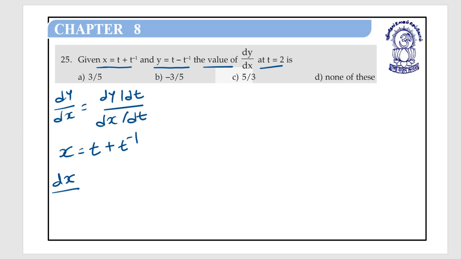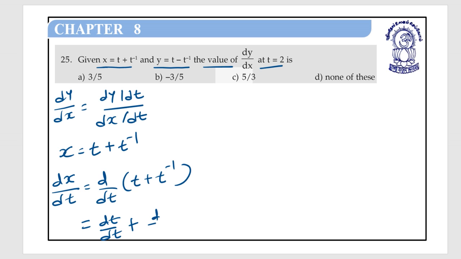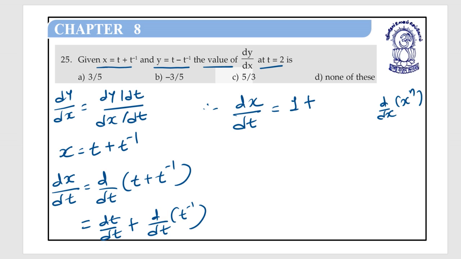So, take dx by dt, d by dt of t plus t raised to minus 1. So, dt by dt plus d by dt of t raised to minus 1. So, dx by dt is equal to 1 plus, here you have to use the formula: d by dx of x raised to n is equal to n into x raised to n minus 1.